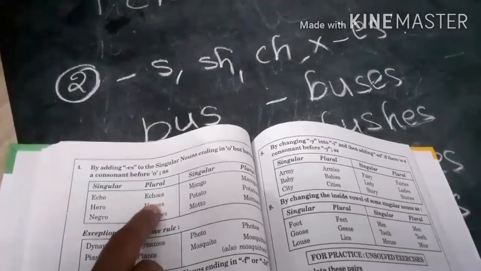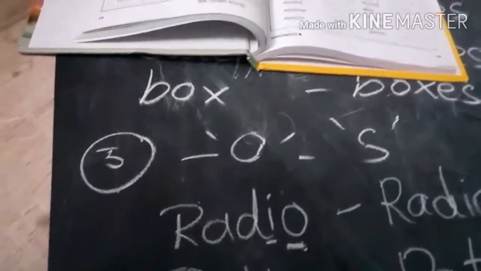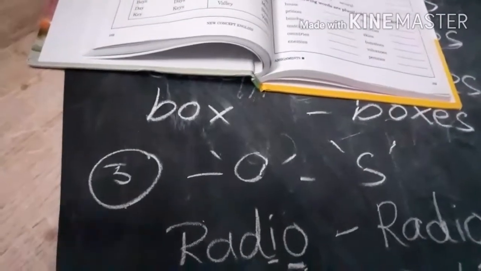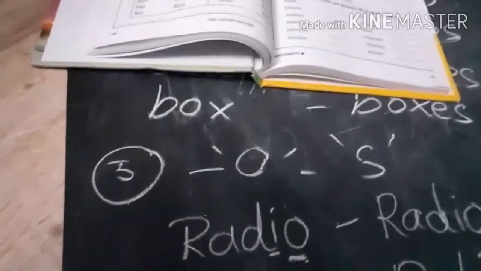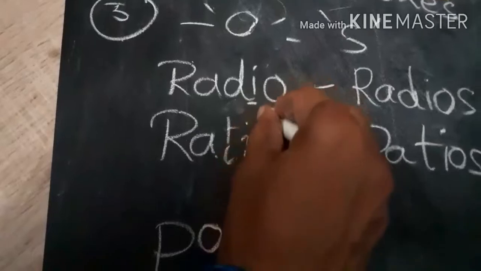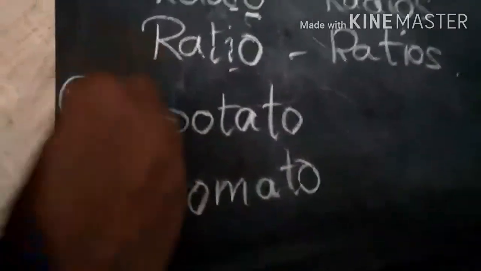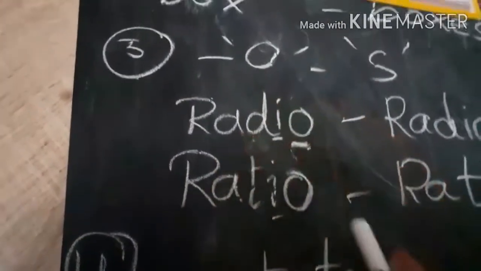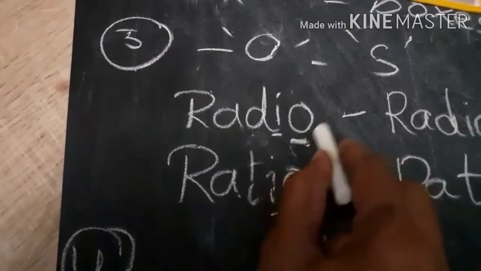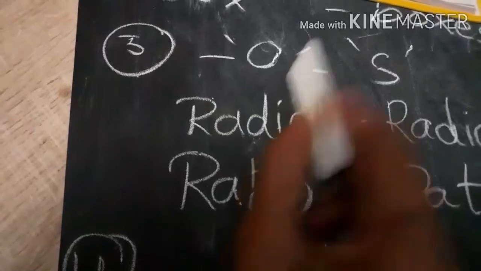Understand children? Suppose you take a potato or tomato. Here in the above exercise, that means in the third exercise, the word ends with O, but it has a vowel before.